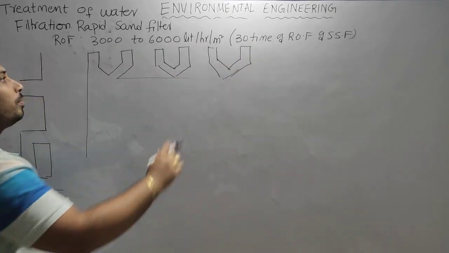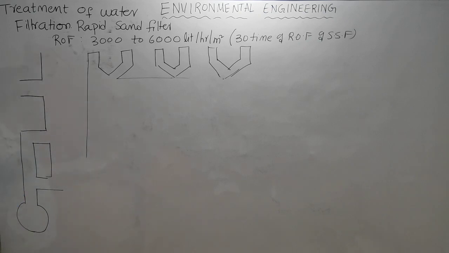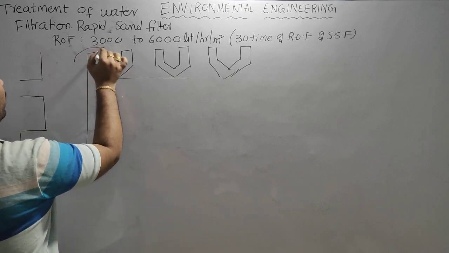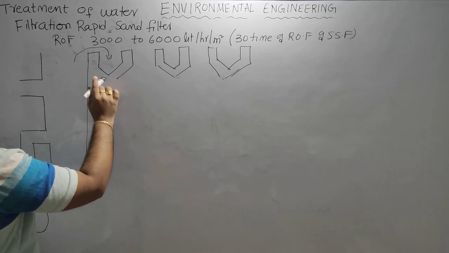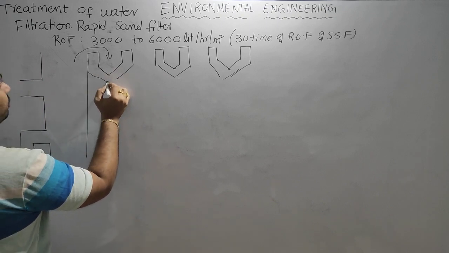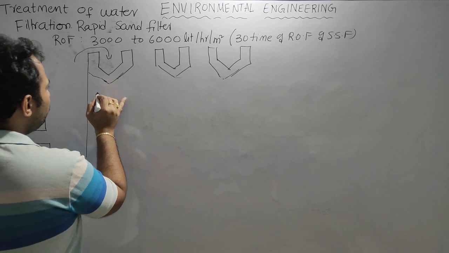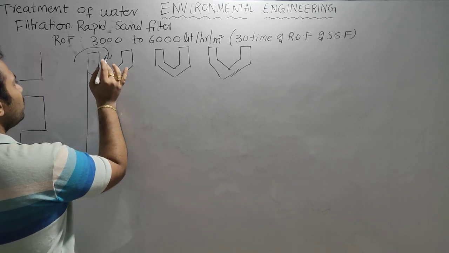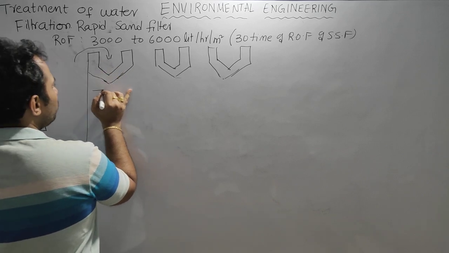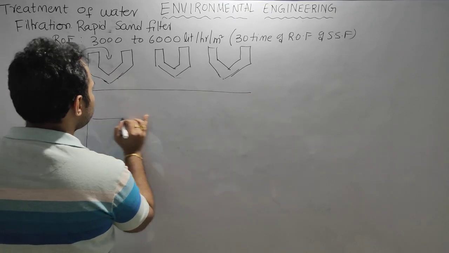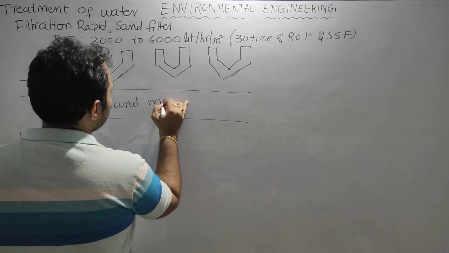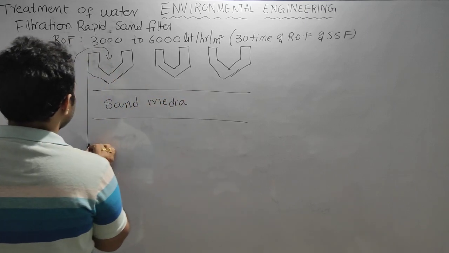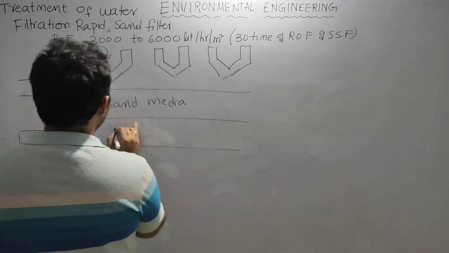These are the troughs where we load the water. From this trough the water will enter into the rapid sand filter, and now whatever the water which is entered will come onto the filter media, that is sand media, and then it will enter into gravel media.